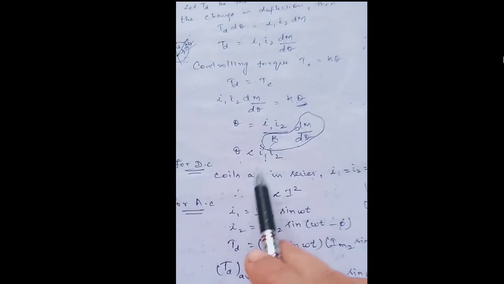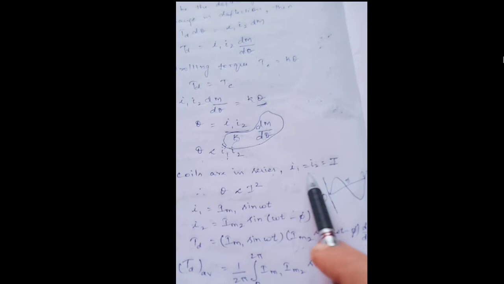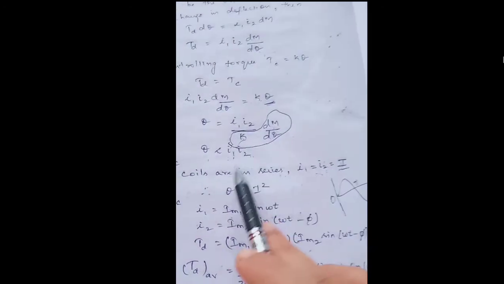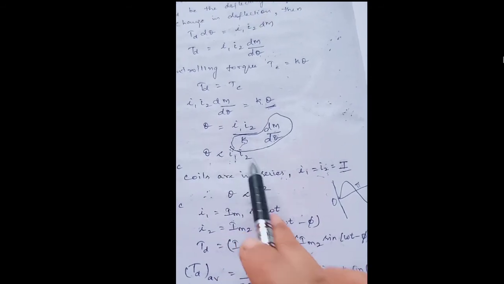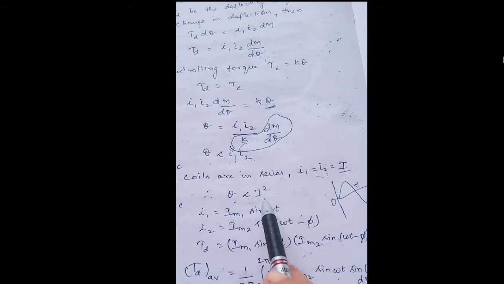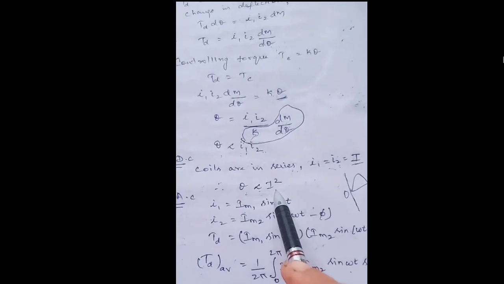Since the fixed coil and moving coil are connected in series, this I1 and I2 will be equal and can be represented by capital I. So when we substitute it over here, theta is proportional to I into I, therefore theta will be directly proportional to I square. So in an electrodynamometer type instrument, the deflection of the pointer will be directly proportional to the amount of current flowing through both the coils, fixed as well as moving coils.